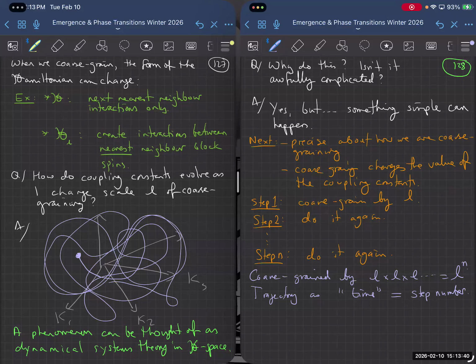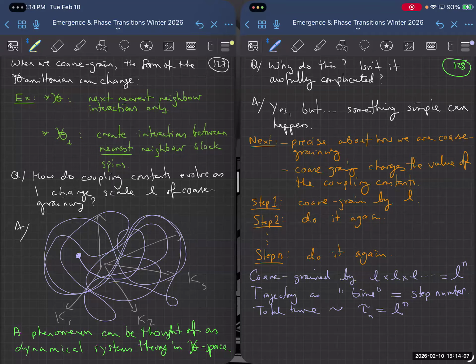So it's a discrete set of steps. So the total time is something which we can call tau. That's going to scale like L to the power n after n steps, and we can think of the effective time variable as kind of like the logarithm of the scale.